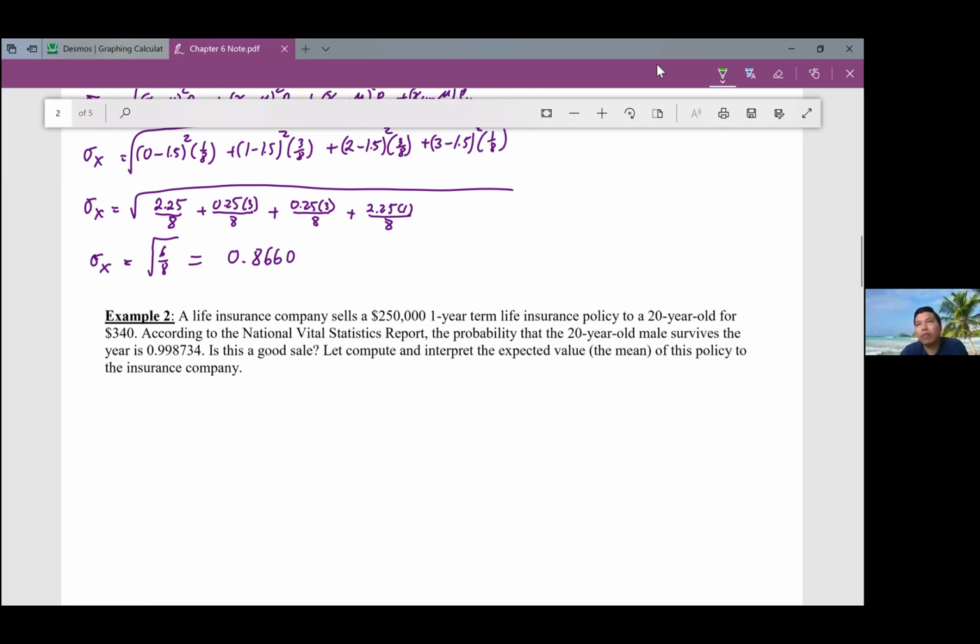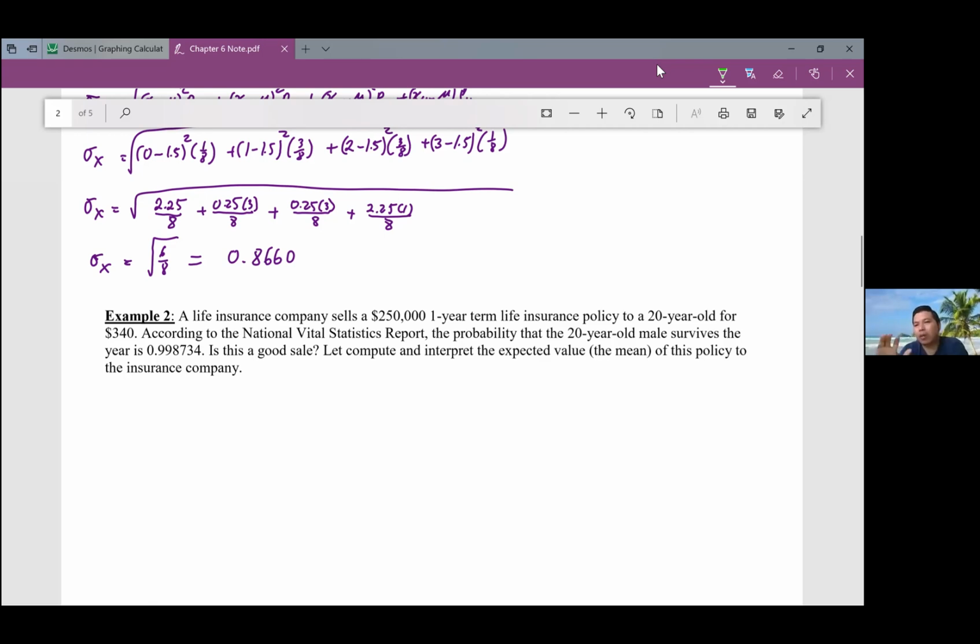Even supposing the person survived to 100 years old, 340 times 80 years is nowhere close to $250,000. So we're making profits no matter what. However, if we are making a profit, meaning the company is going to lose money, why do they still offer $250,000 lifetime insurance? What's the reason for that?